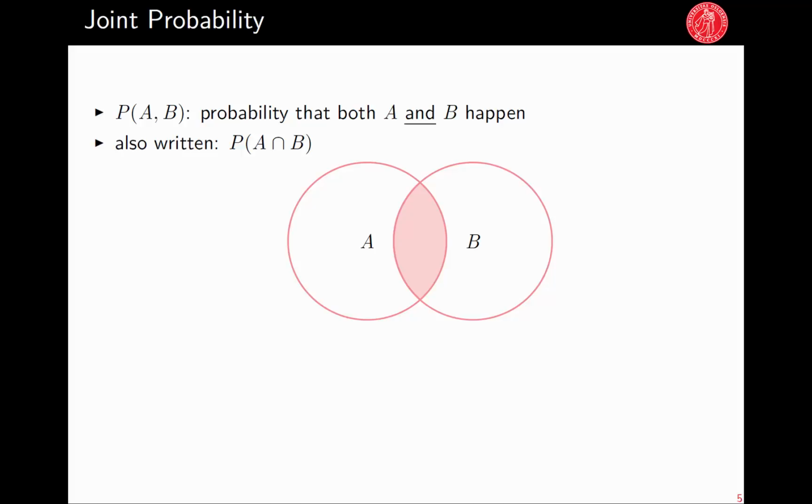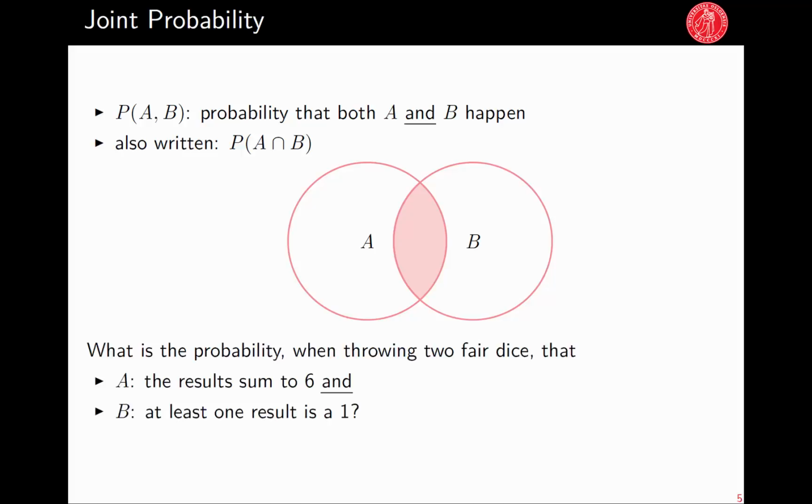So here the entire slide is the sample space omega, and each event is a subset, and the joint probability of A and B is the intersection of these two subsets, hence this set-oriented notation.